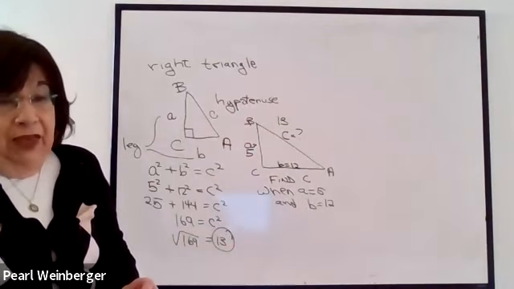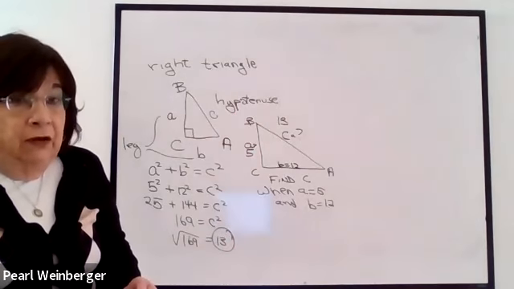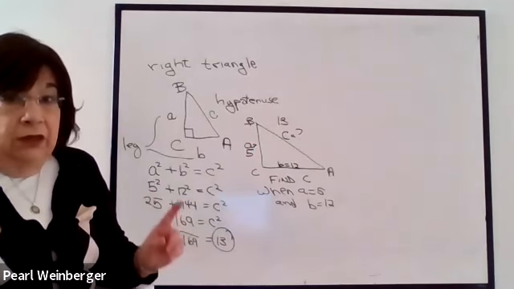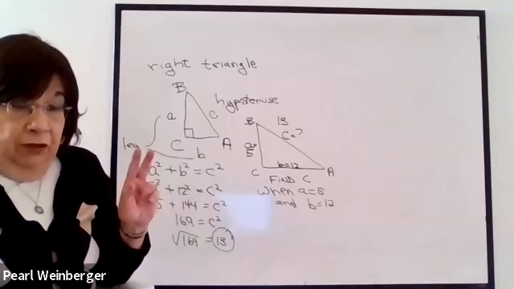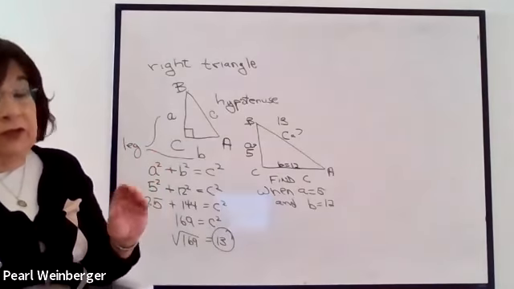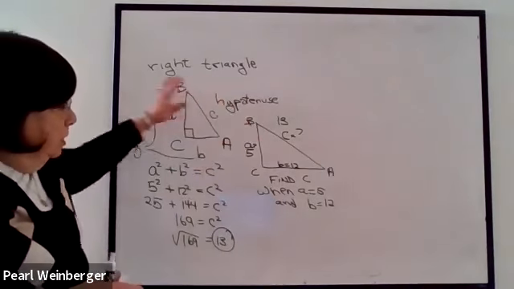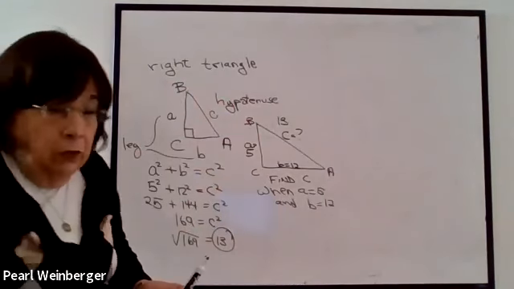Another Pythagorean triple that comes up very often is 3, 4, 5. Because if you did 3 squared, you get 9, and 4 squared is 16, and those add up to 25, which is what 5 squared is. So sometimes we recognize the numbers, but it's always a good idea to check it using the Pythagorean theorem.